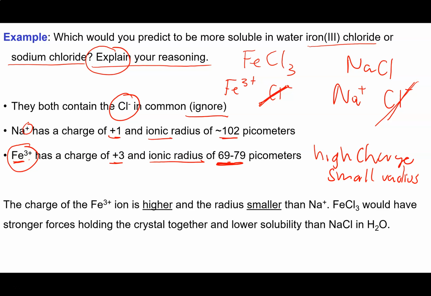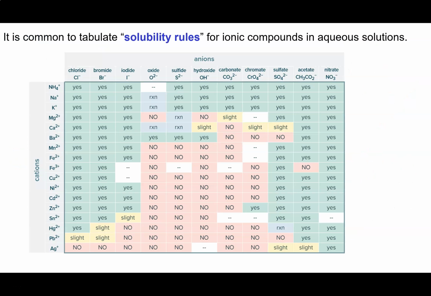So that means we'd expect it to have lower solubility in water because it's just harder to pull apart, okay? So I would predict that FeCl3 would have the lowest solubility in water compared to NaCl. So that's an example of how we use these two factors to compare the relative solubility of ionic compounds.